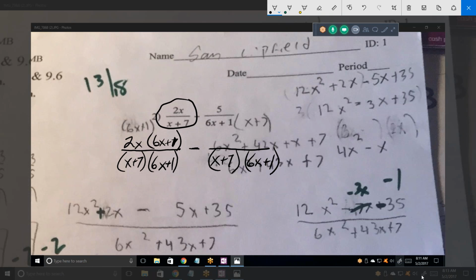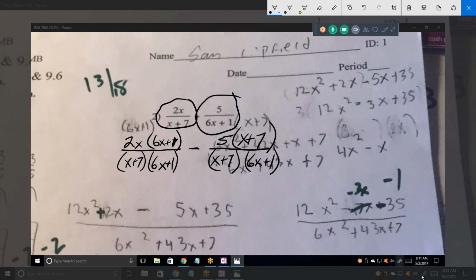Okay? Now, what's my numerator over here on the right? It's 5 times what? 5 times x plus 7. Right. And I can instantly tell that that's exactly what I started with. Okay? Now I can already tell you what your mistake's going to be that you made on here.